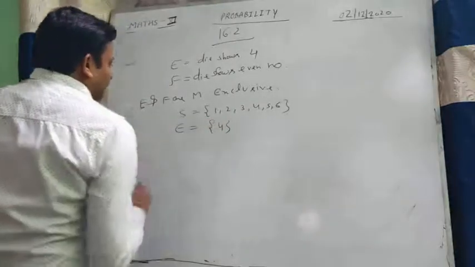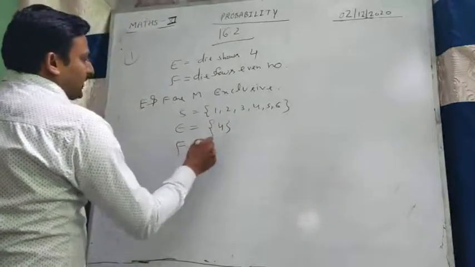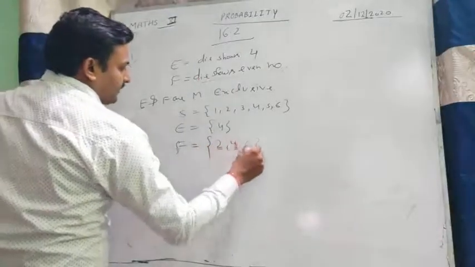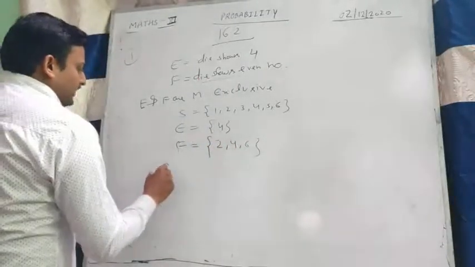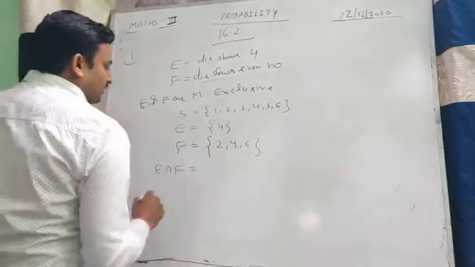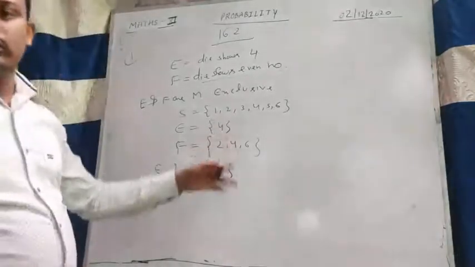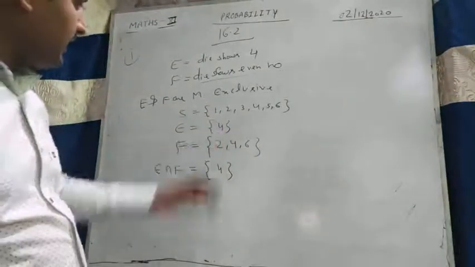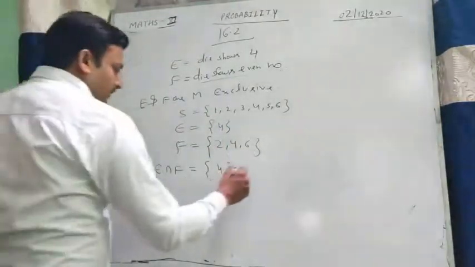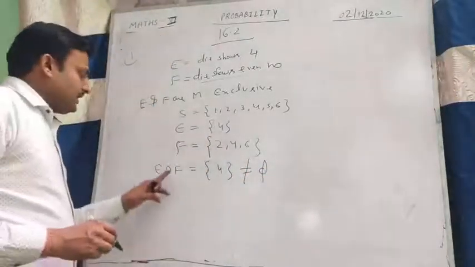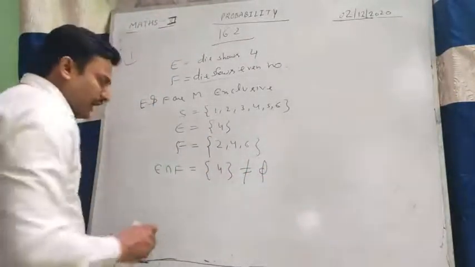Event F says that the die shows an even number, which means 2, 4, 6 is taken. Now E intersection F is what? There is a common 4 in both events E and F, so E intersection F is not equal to the empty set.